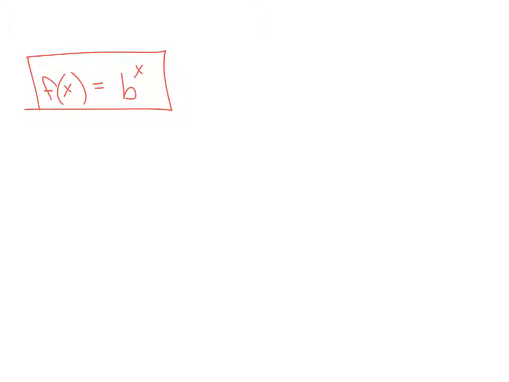So, for example, the first one says we shift vertically if we add a k to that, and we shift it up if k is positive, we shift it down if k is negative. So if you follow down that little table there, it tells you what to do there.